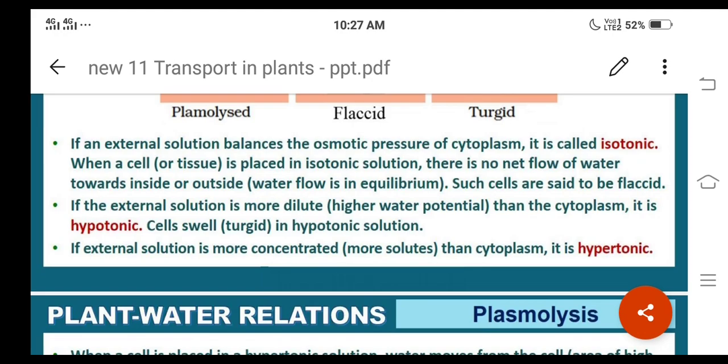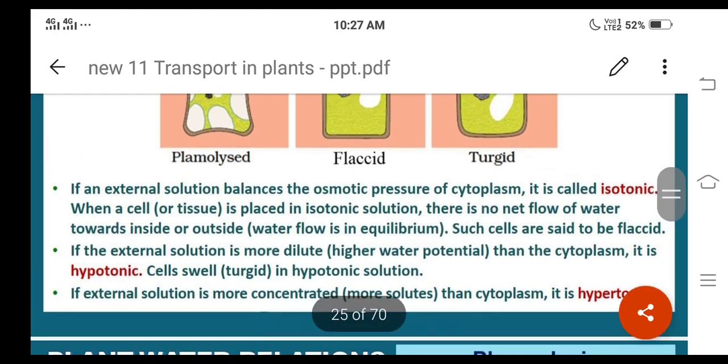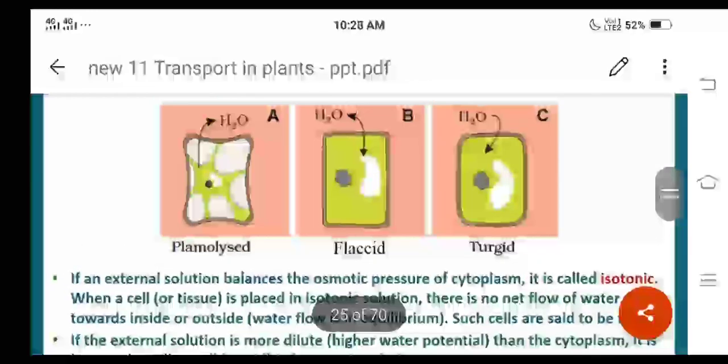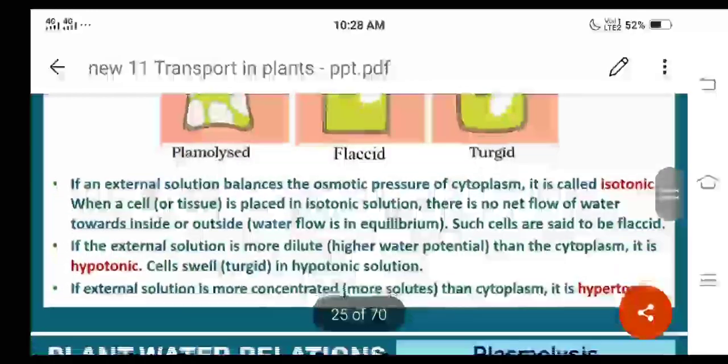When we keep plant cells in hypotonic solution, the cells will swell, and for this condition we call it the turgid condition. We have studied the flaccid; another one is turgid.